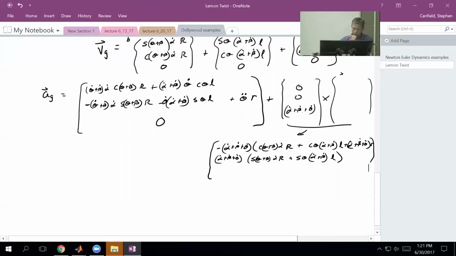Now we need to add these things up, and maybe a few things will cancel. We can keep track. I see here cos theta alpha dot plus beta dot plus theta dot, so I think all that cancels. That's just going to leave me with a negative alpha dot squared cosine theta plus beta r. Second term, theta dot.